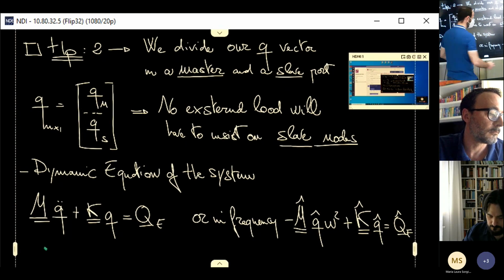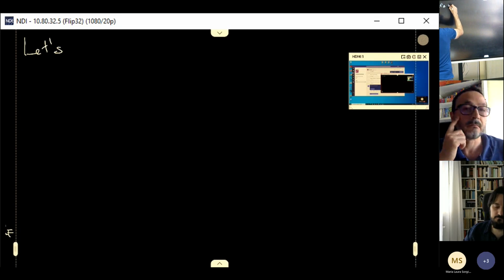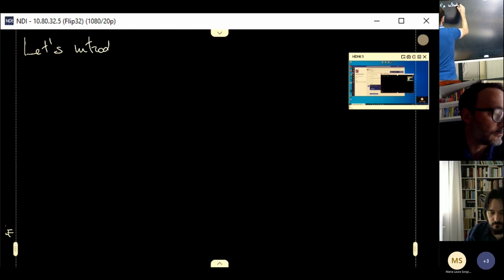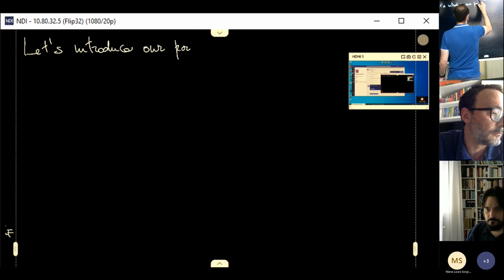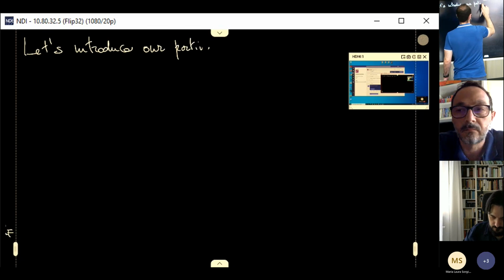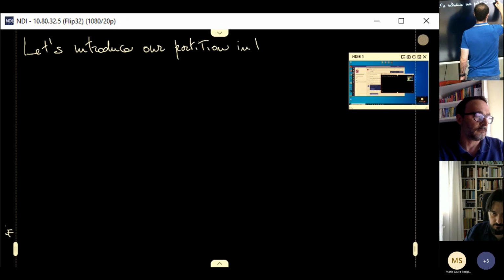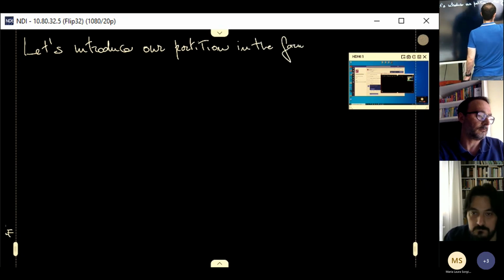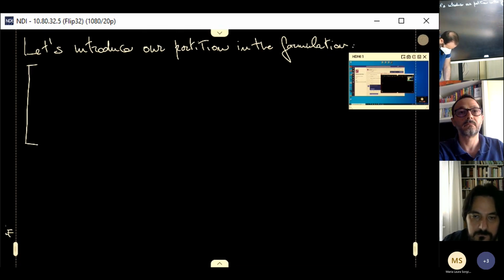We can basically subdivide the mass matrix as such.